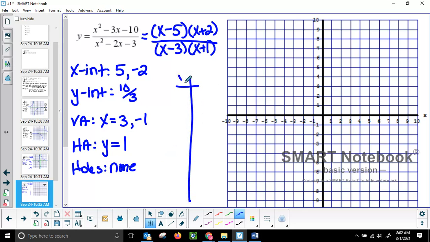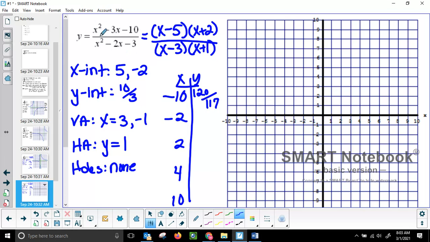Again, we can get our extra points from my endpoints of negative 10 and 10, and on either side of the vertical asymptotes. So on here I would have negative 2 and 0, which of course I don't need 0, that's my y-intercept. And here I would have 2 and 4. So we plug these into our function here. We get 120 up top over 120 minus 3 is 117. So just over 1.